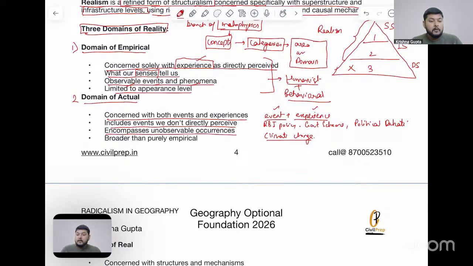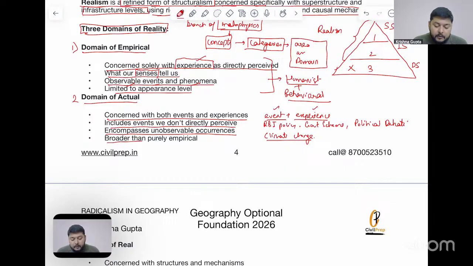Okay, unobservable occurrences, for example, a change in the air, we can say air quality. So here we see that in the Delhi region, the air quality is declining day by day. What we see here is that the air quality cannot be observed directly, but to understand it, we need to see what the unobserved things are which are resulting in the decline of the air quality.